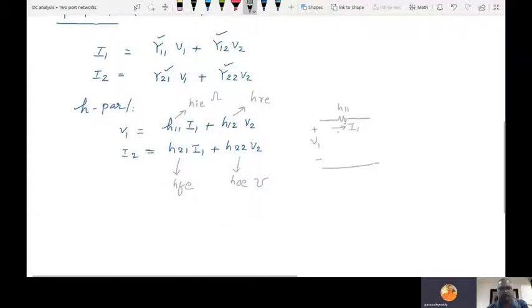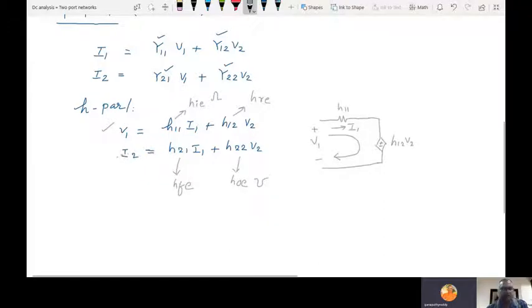So V1 is equal to H11 I1 plus this voltage. What is this value? H12 V2. When I write the mesh equation, we get the same thing. So V1 equals H11 I1 plus H12 V2. This is the first equation.